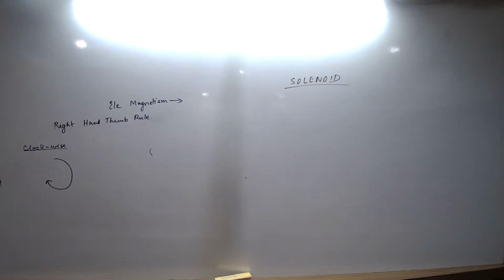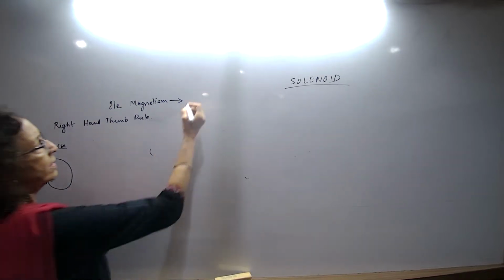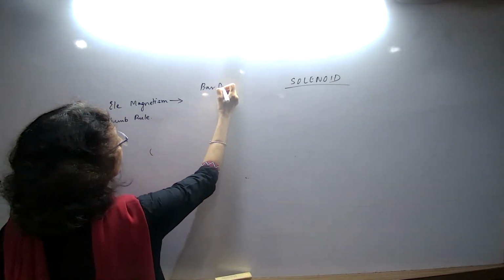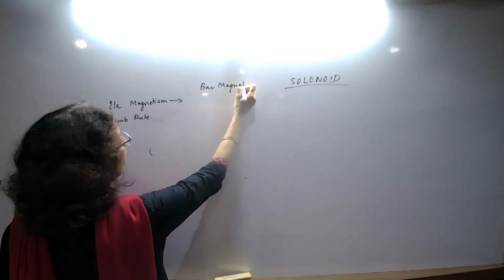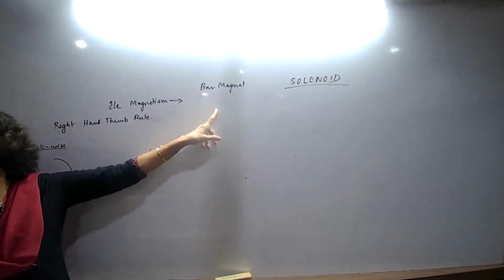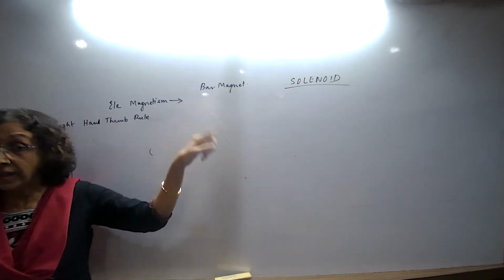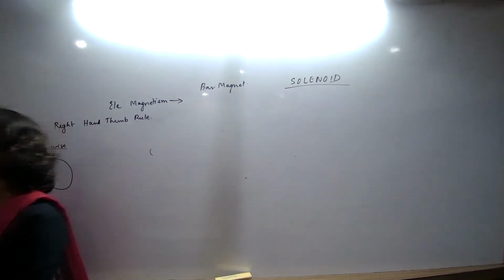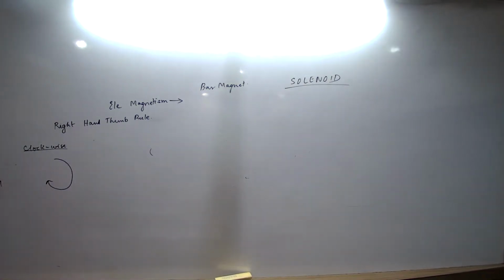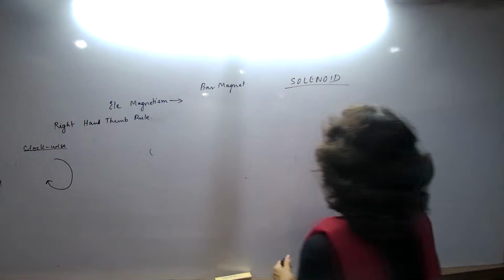In a bar magnet, you know that this is a permanent magnet, whereas a solenoid behaves like a bar magnet, but it is nothing but an electromagnet. Did you understand what an electromagnet is? Okay.